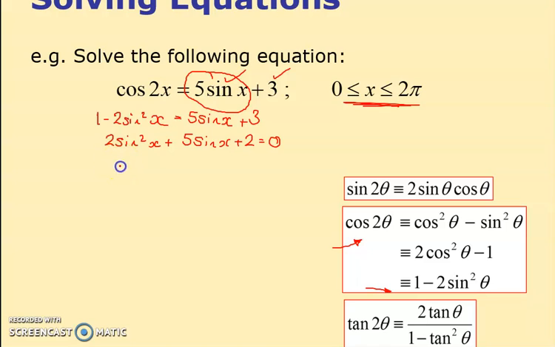When I do this, I get sine x equals minus a half for one solution, and for my second solution, sine x is minus 2. This is impossible. You should know that sine x is always between 1 and minus 1, so no solutions.